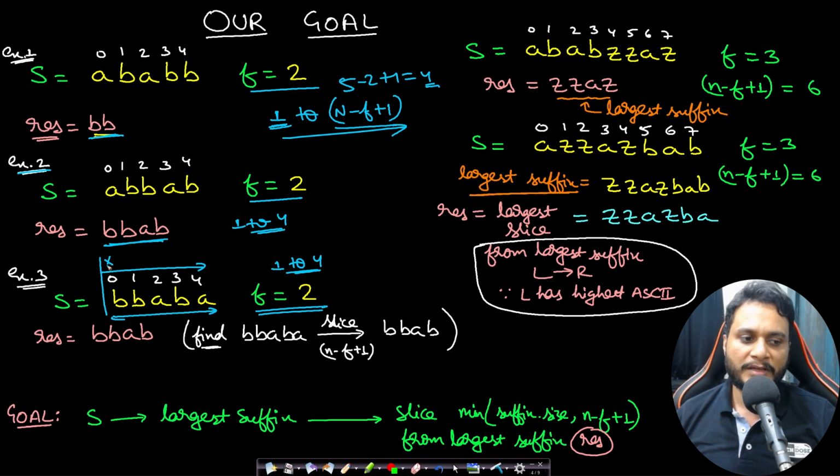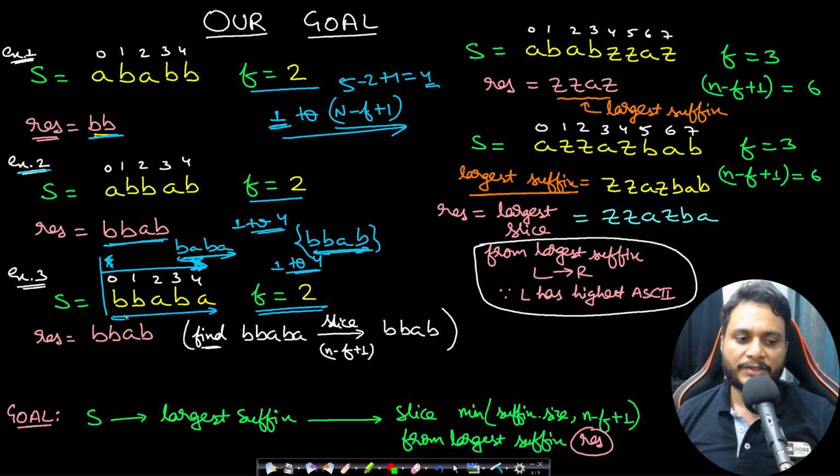If you start removing the characters from the beginning, then you will get B A B A. And if you start removing from the end and not from the beginning, then you will get B B A B. So which one is going to be larger? Definitely B B A B is going to be larger as a 4 length string compared to B A B A, right? And that is why I will always slice from the end, not from the beginning.